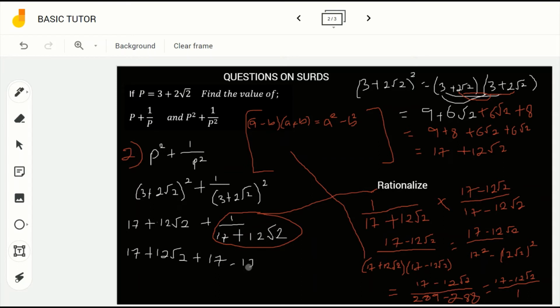We can rearrange this: 17 plus 17, plus 12 root 2 minus 12 root 2. 17 plus 17 is 34, and 12 root 2 minus 12 root 2 is 0. So our final answer is 34.